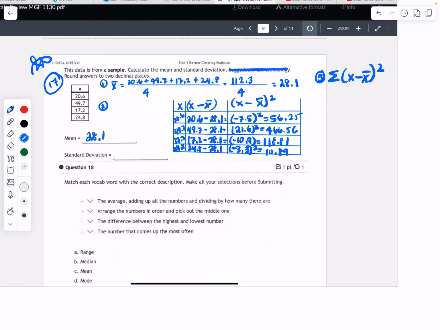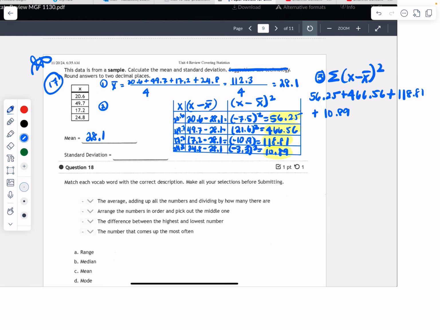Okay, my next thing I need to do is sum x minus x bar squared. So I'm going to add 56.25 plus 466.56 plus 118.81 plus 10.89. What I'm doing is adding up all these values that I just found.